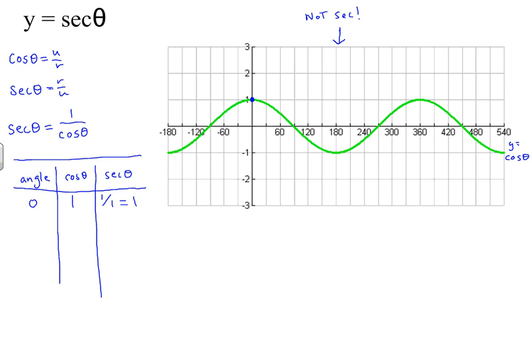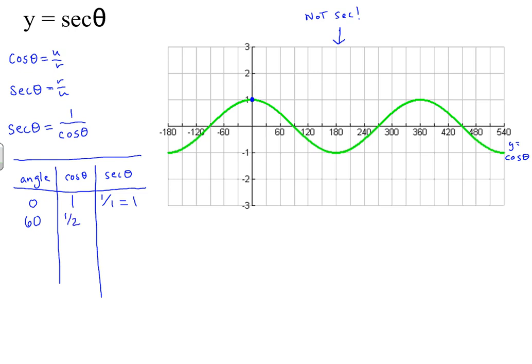I'm going to choose some angles that you might not otherwise choose to figure out what the graph of secant is going to look like. The next angle is 60 degrees. You've all been practicing the unit circle diligently, so you should know off the top of your head that the cosine of 60 degrees is 1/2.